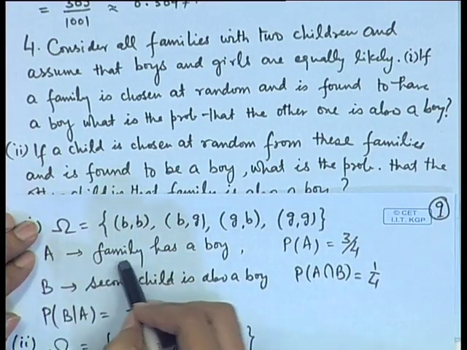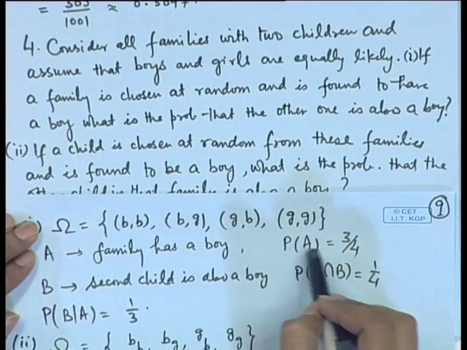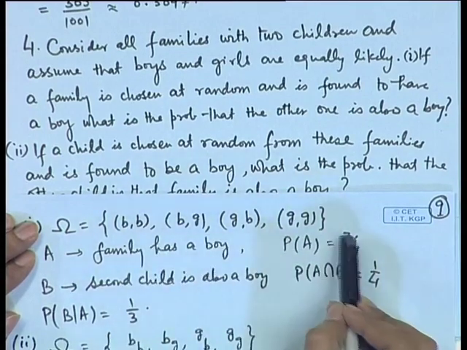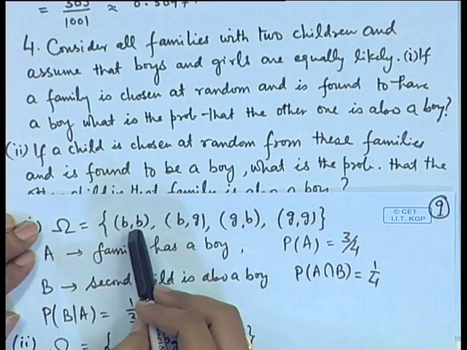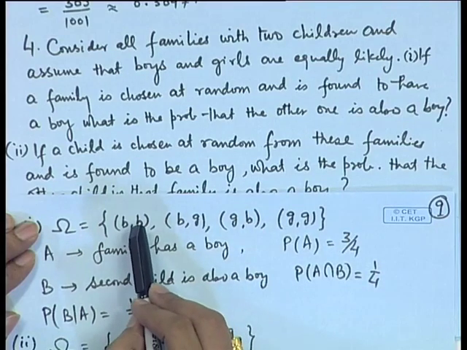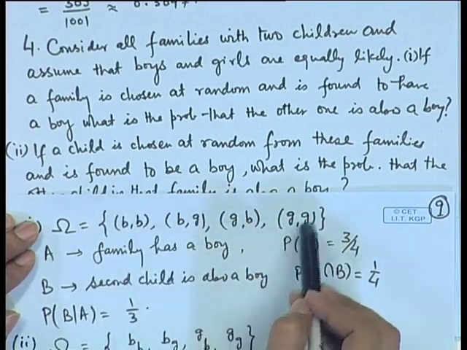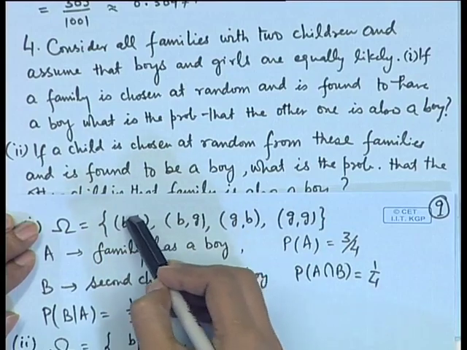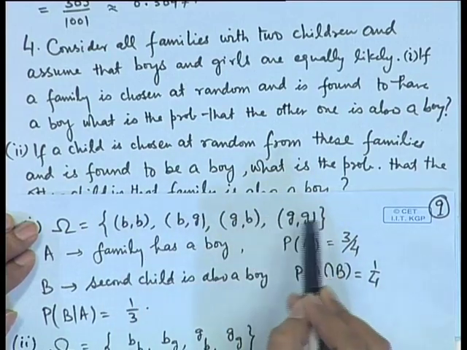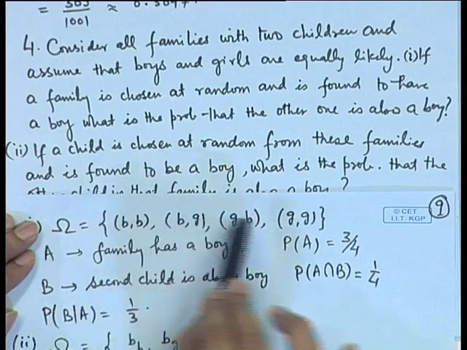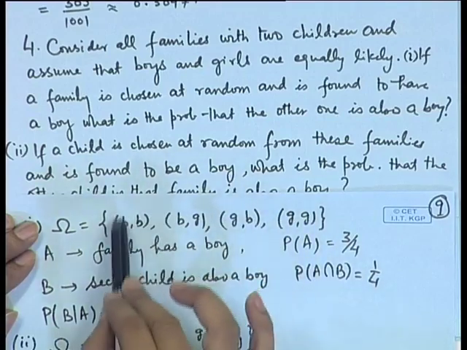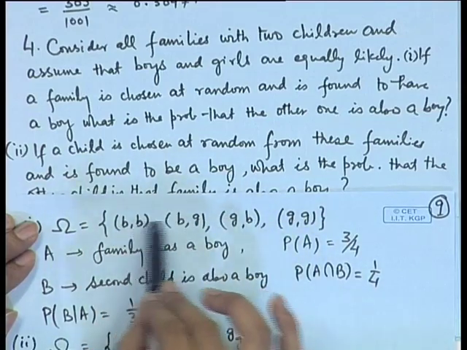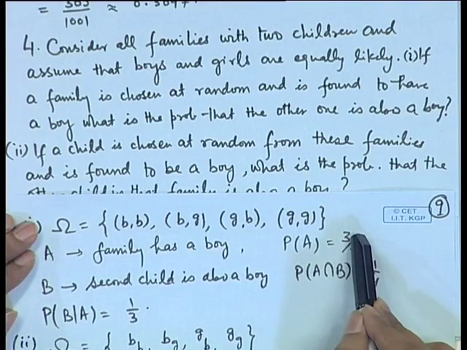So, A is the event that the family has a boy, then the probability of A will be 3 by 4, because we are choosing a family. So, family means it could be this, this, this or this, and therefore, a boy is appearing in 3 places, at least one boy.